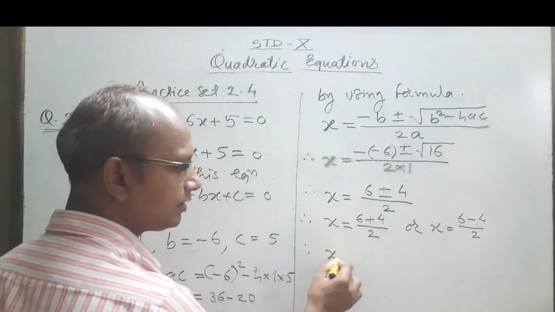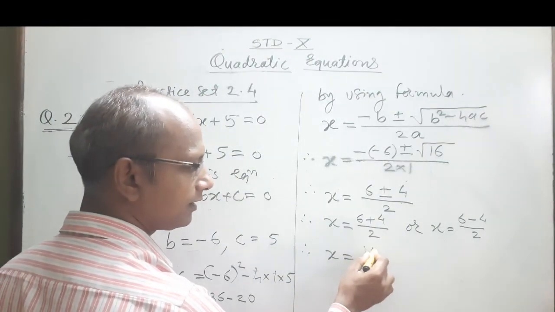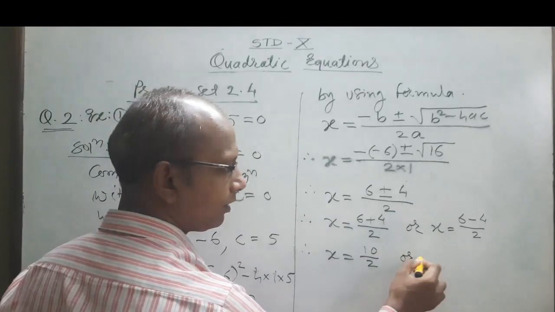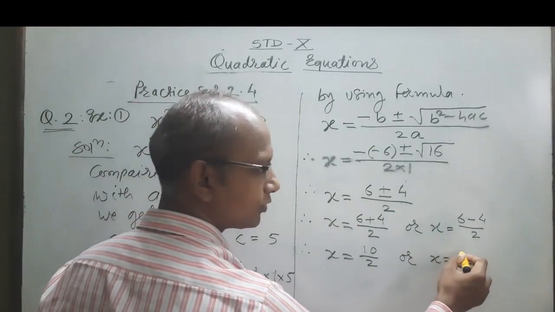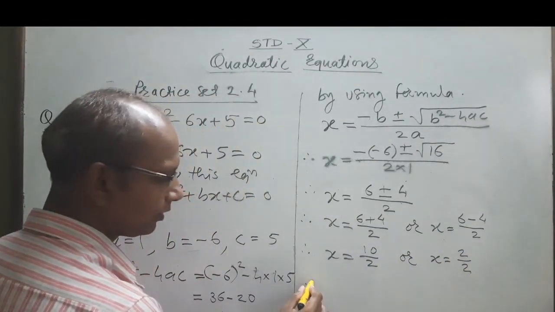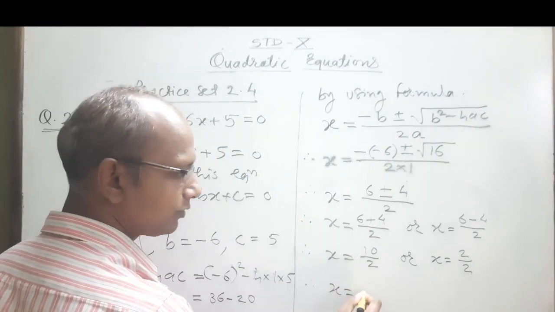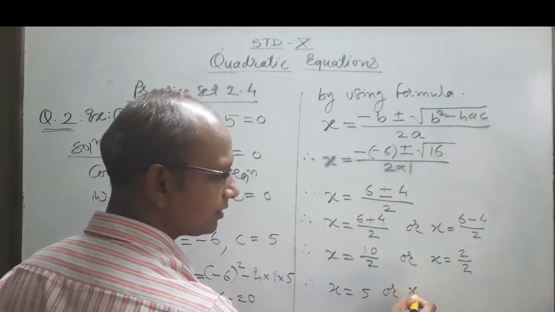Therefore x is equals to 6 plus 4, that is 10 by 2, or 6 minus 4, that is 2 by 2. Therefore x is equals to 10 by 2, that is 5, or x is equals to 2 by 2, that is 1.